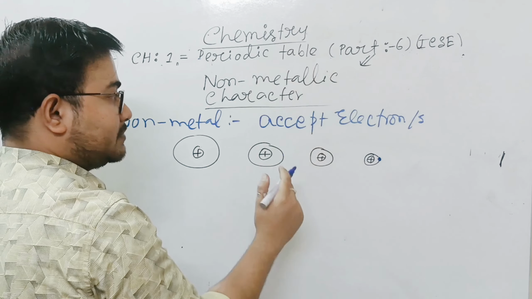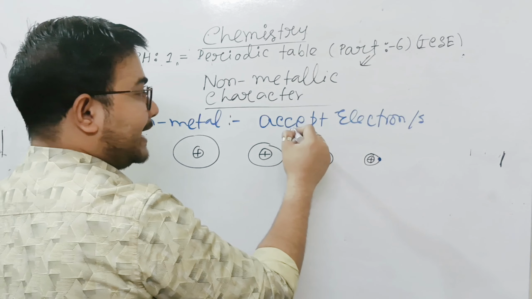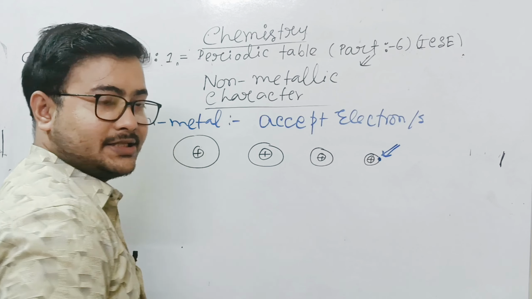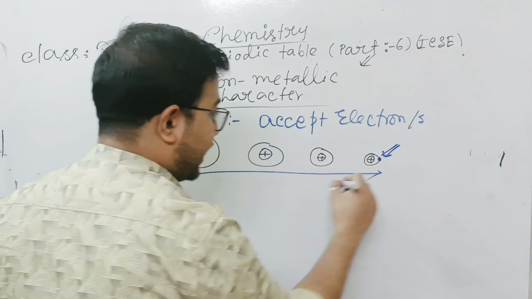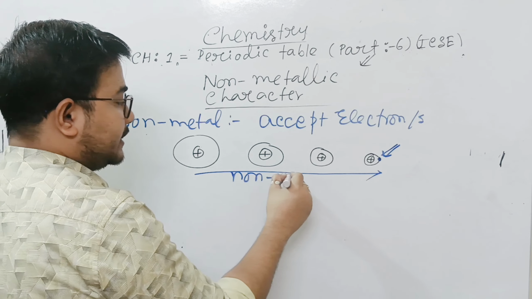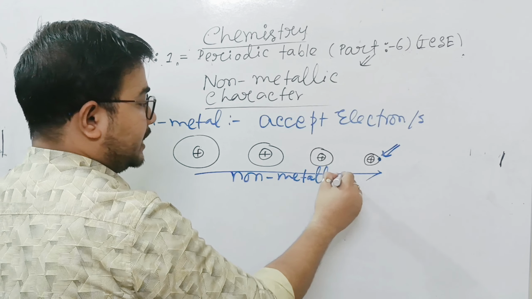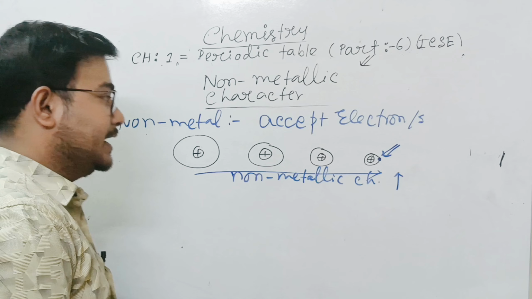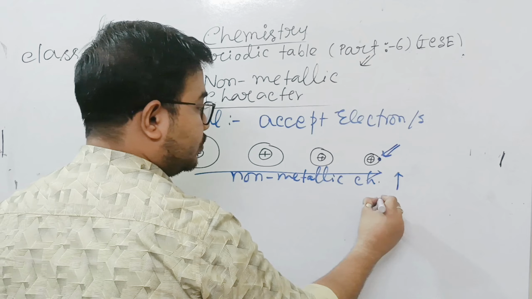I discussed in previous part. So non-metallic means acceptance of electron. So here acceptance of electron increases. So as we move left to right, non-metallic character increases. Understand?